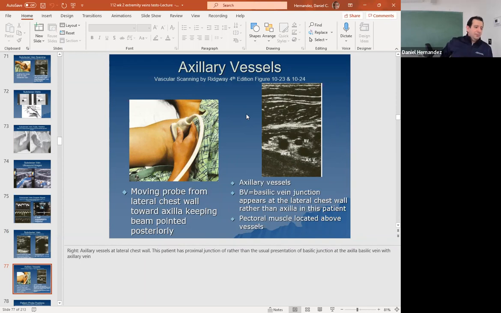So moving the probe from the lateral chest wall towards the axilla, keeping the beam pointed posteriorly, we can now visualize the axillary vessels. So here we could see the axillary artery, axillary vein, basilic vein.